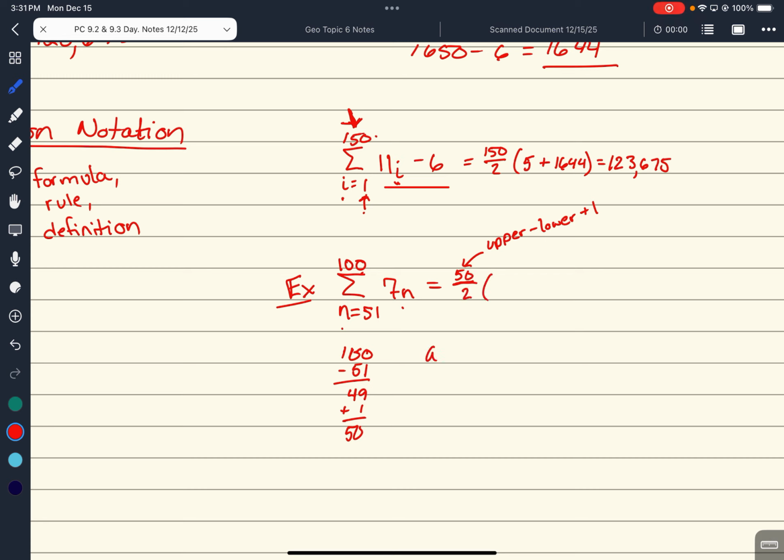Now a sub 1, we plug in the lower limit. So 7 times, what's our lower limit? 51. So 357.